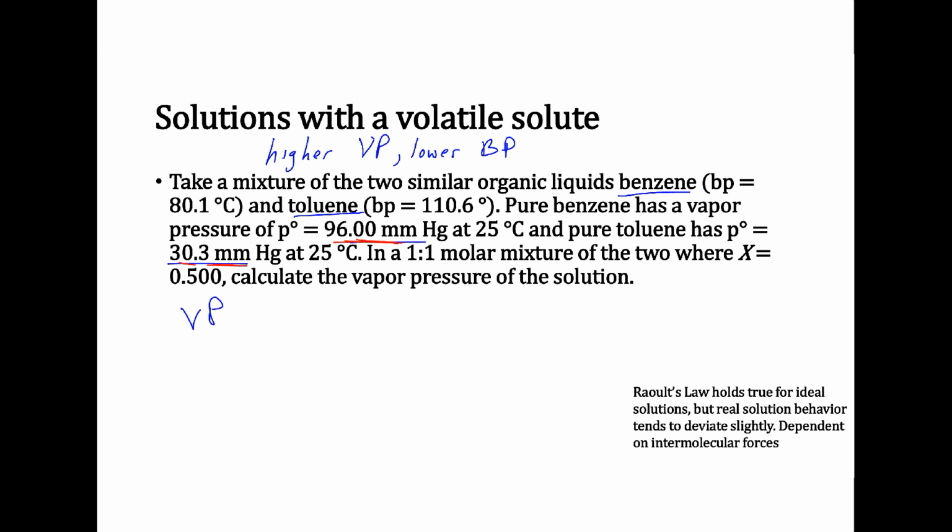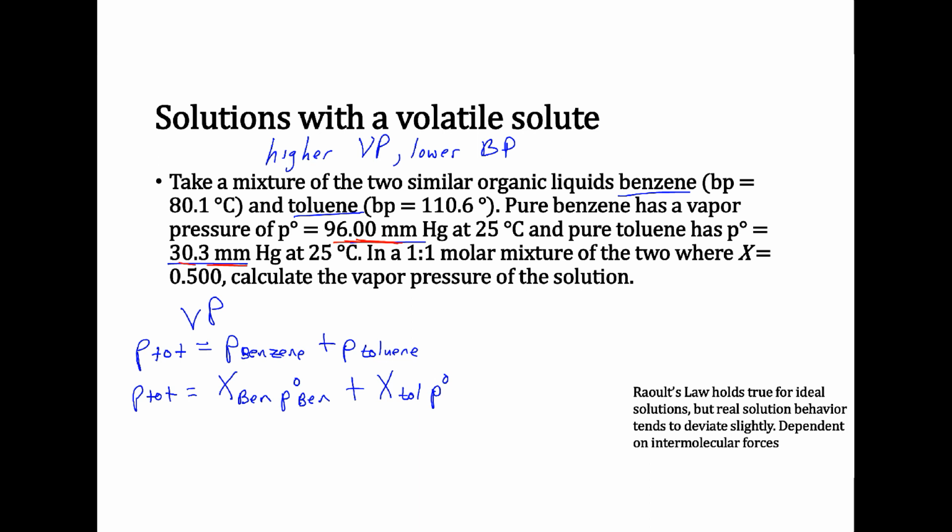So here, recalling Dalton's law, we'll say, well, the total pressure of our solution is equal to the pressure of benzene plus the pressure of the toluene. So then substituting in with Raoult's law, this is the mole fraction of benzene times the pressure of the pure benzene plus the mole fraction of the toluene times the pressure of the pure toluene.